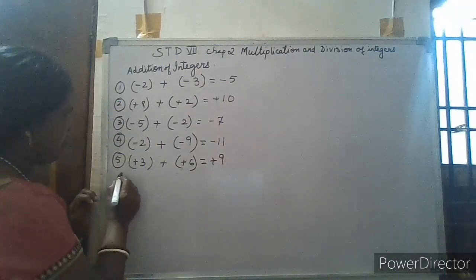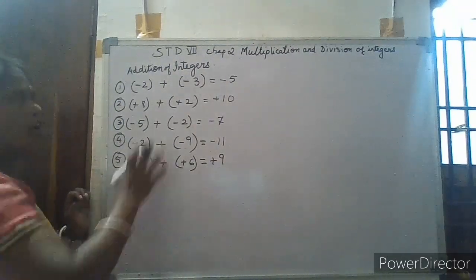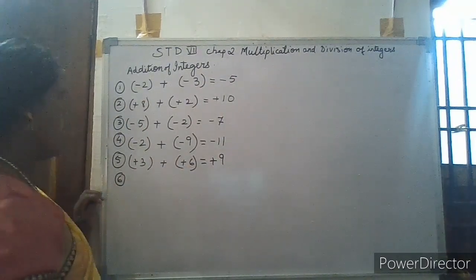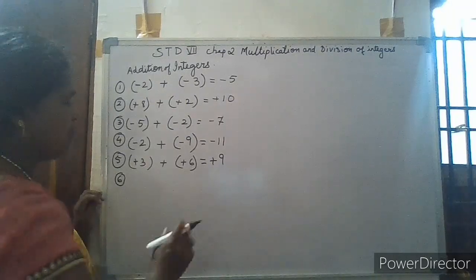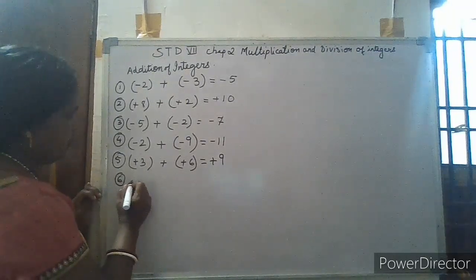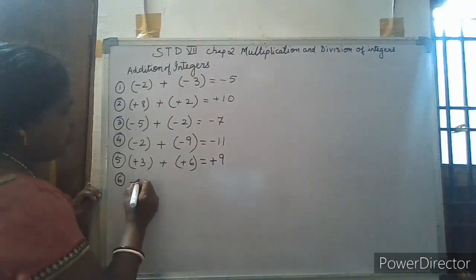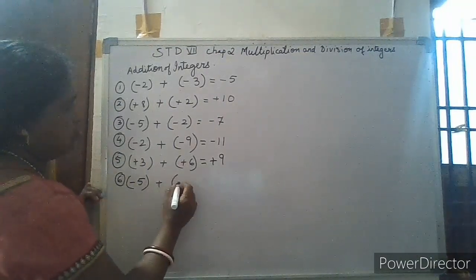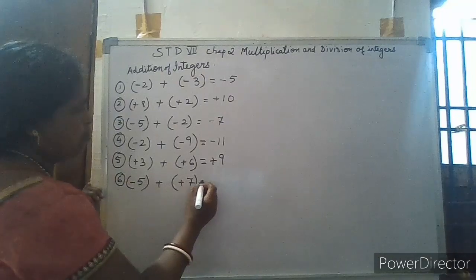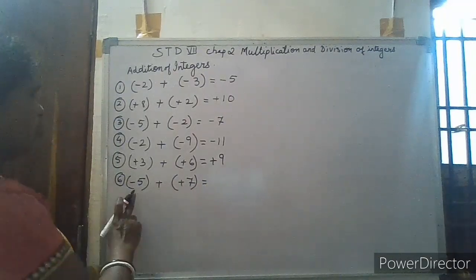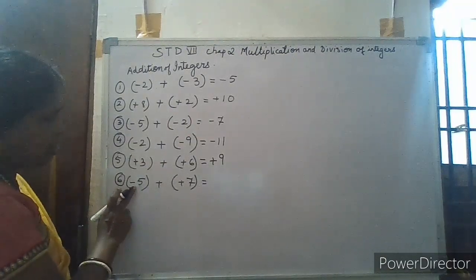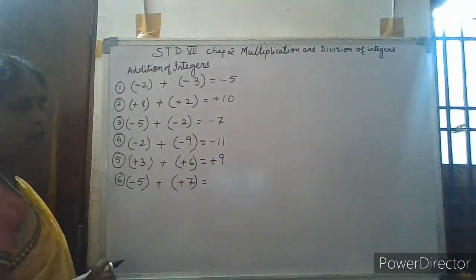Now 6th example. From here we'll change. Here 1 to 5 we have used only one rule. Now for the second one, let us suppose the second rule, -5 plus suppose 7. Here both the numbers have different sign. You can see this is a negative integer, this is a positive integer.